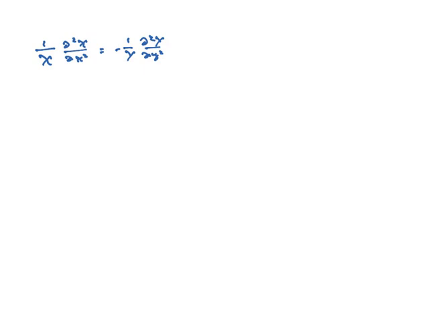The only way this can possibly be true is if this side is equal to some constant, let's say alpha, and this side is equal to some constant. Right? That's the only way this can be true.